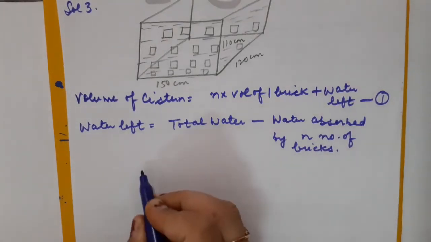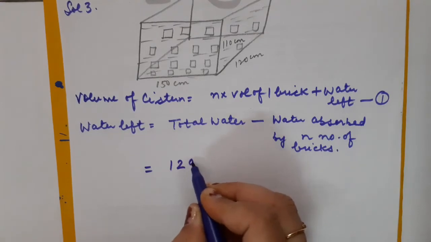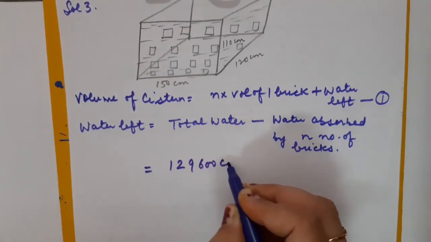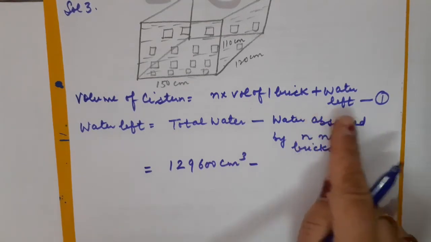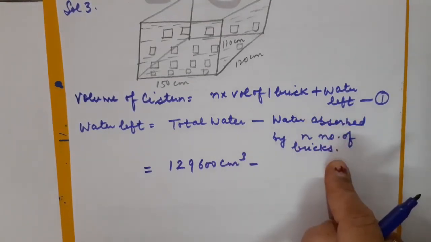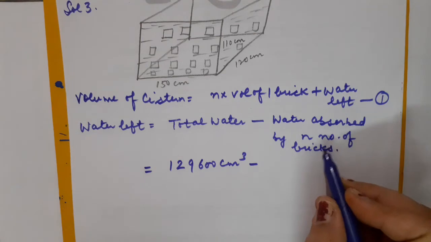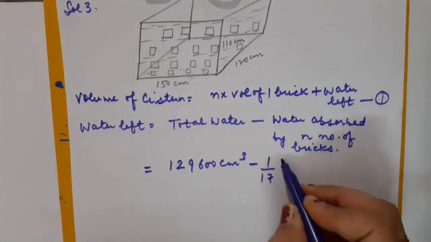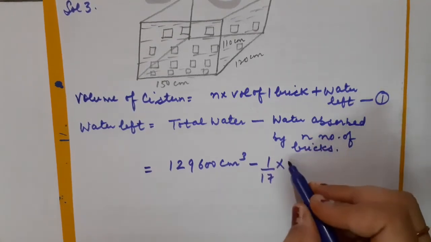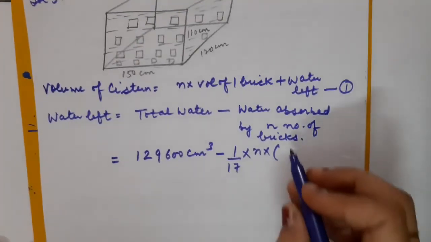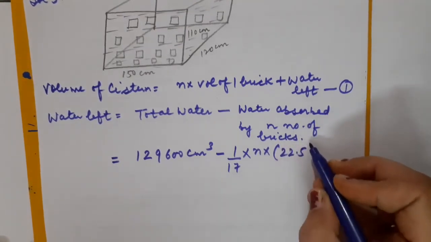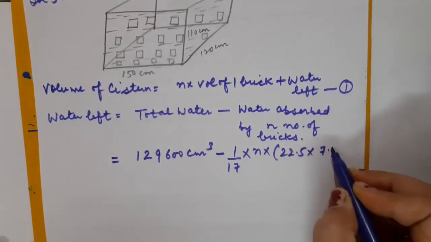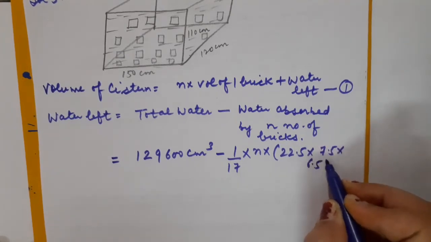So let us calculate water left. What is total water? 1,29,600 cubic centimeters minus. Children, it is given in the question that each brick has absorbed 1/17 of its own volume. So length, breadth and height of each brick is given to us. Okay. 1/17 of its own volume. Then how many bricks are there? That is n. And what will be the volume of one brick? That is 22.5 centimeter into 7.5 into 6.5 cubic centimeters.